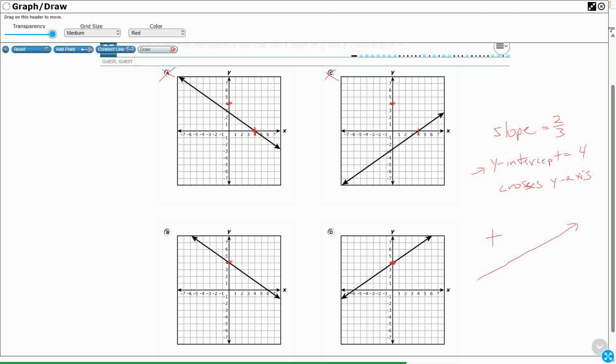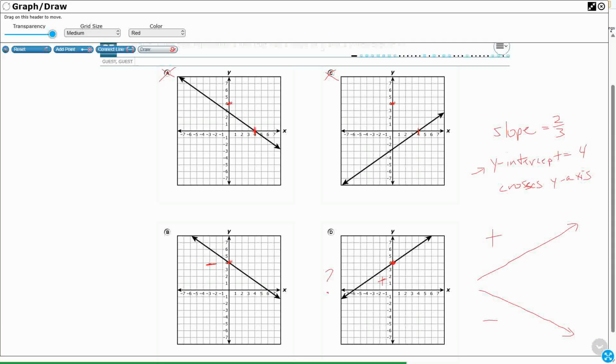Likewise, a negative slope will move down from left to right. So look at B and D. The only one that moves up is D. B is moving down, which means that's a negative slope. D is a positive slope. And since we have a positive 2/3, it is less than 1, but that doesn't matter. Then that looks like that's going to be it.